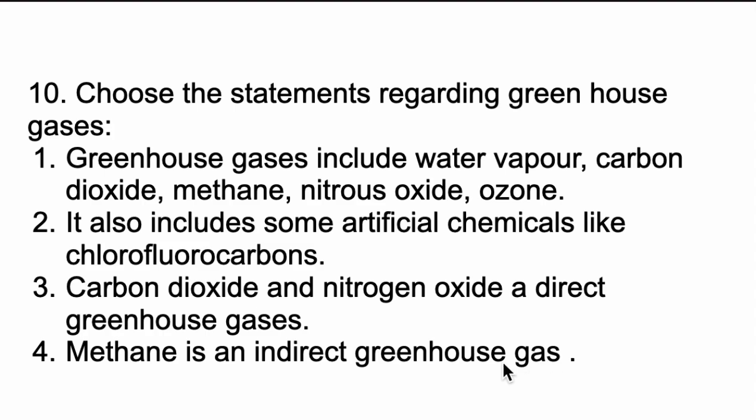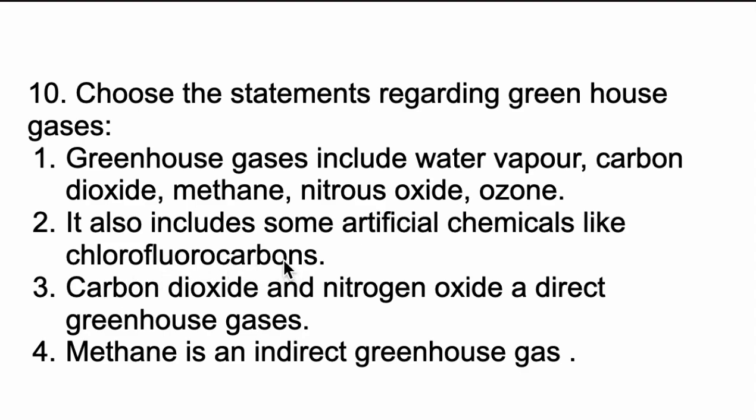So yes, greenhouse gases include water vapor, carbon dioxide, methane, nitrous oxide, ozone. First statement is correct. Remember, water vapor and ozone are also part of greenhouse gases. Second statement, it also includes some artificial chemicals like chlorofluorocarbons.